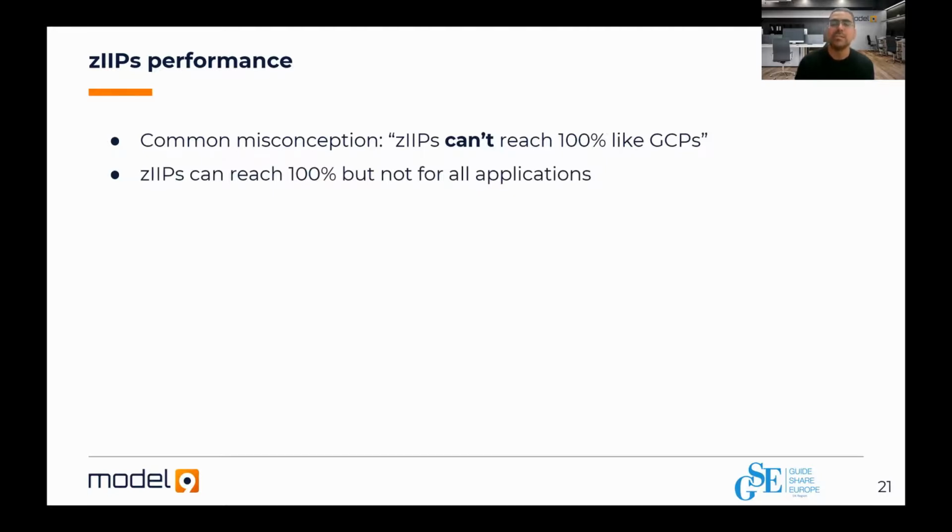You might have a number like 60% in your mind, which is something Db2 is limited to, not to use more than 60%. But if you take a Java application, for example, and run it on zIIP engines, it will easily drive the zIIP engines to 100%. On that note, Model 9 is fully written in Java. So everything we do, as I mentioned, is zIIP eligible, which allows us to utilize the zIIP engines as well, up to 100%.